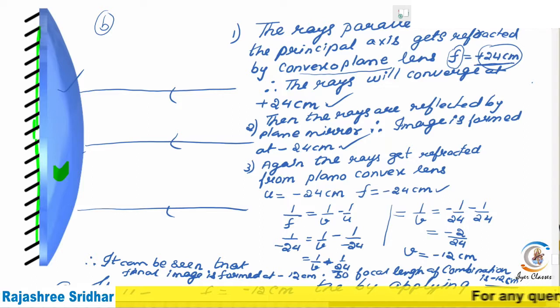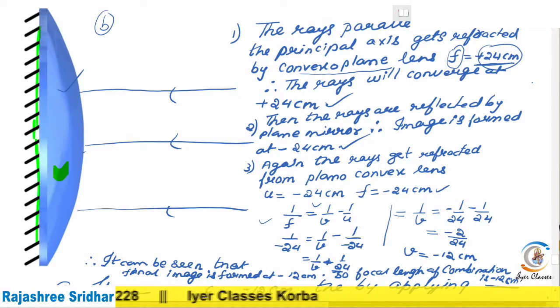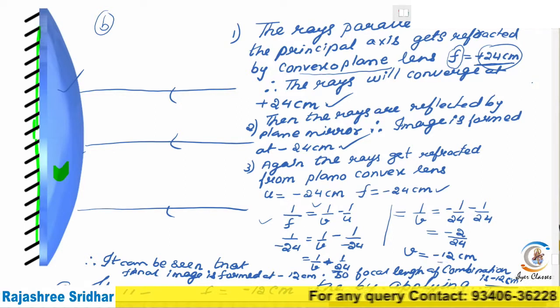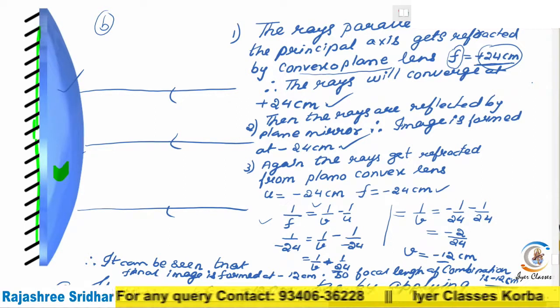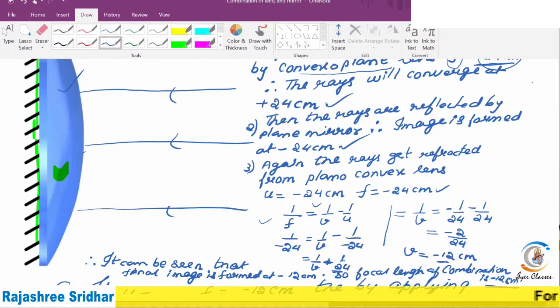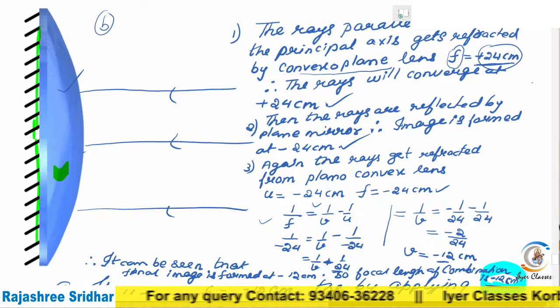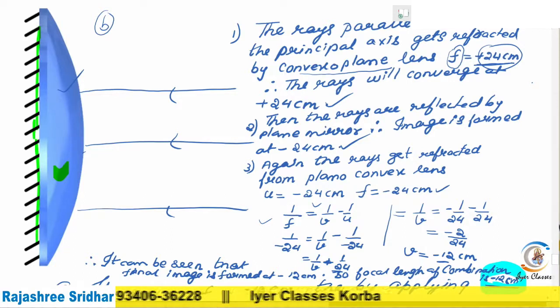Putting it in the lens formula, 1 upon f is equal to 1 upon v minus 1 upon u, on calculation we get v equal to minus 24. That means the final image is formed at minus 12 centimeters from the lens. So you have to consider that the combination has a focal length of minus 24 centimeters.